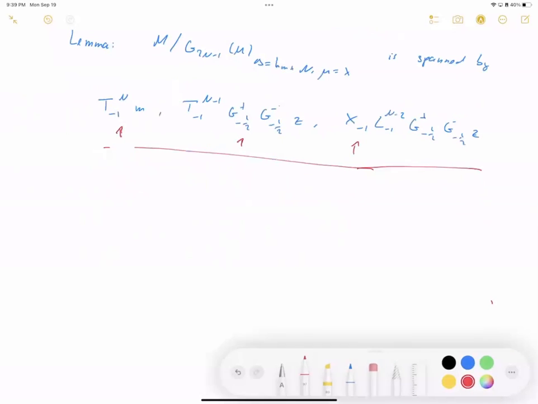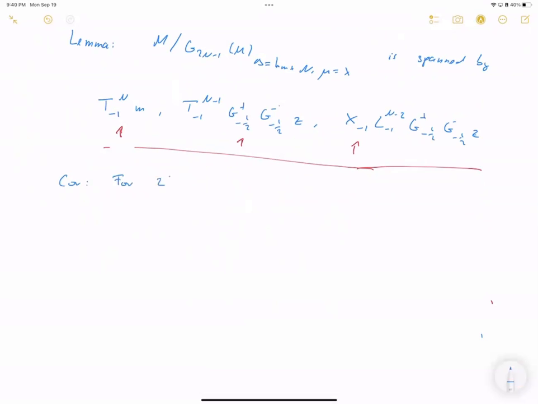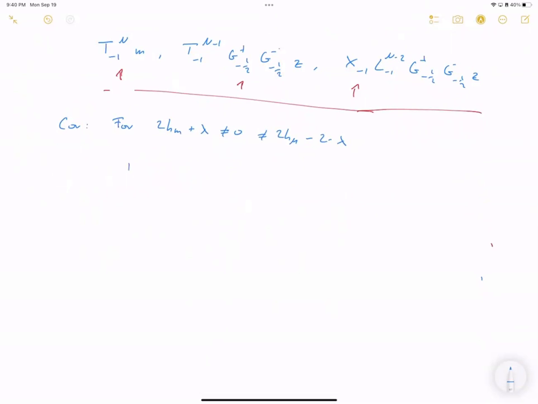So let me write this down as a corollary. As long as conformal weight and Heisenberg weight are not badly chosen, meaning here we have these two not allowed values, then one can show that these three vectors are already in the C1 subspace of the simple quotient.